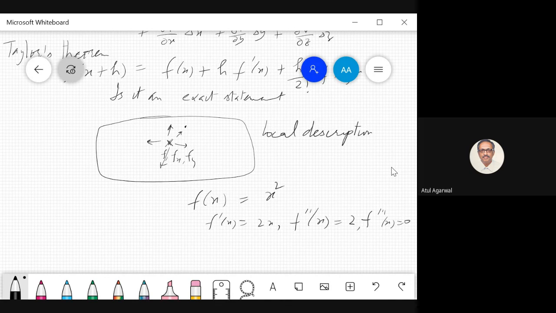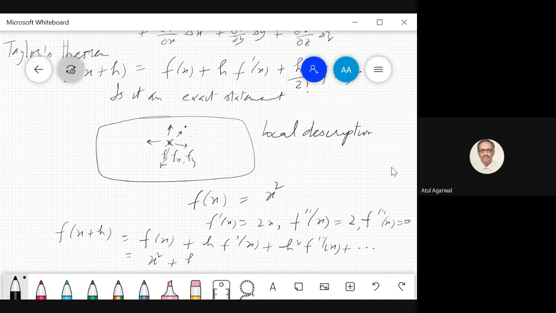So at value x, f(x) is equal to x square plus h.